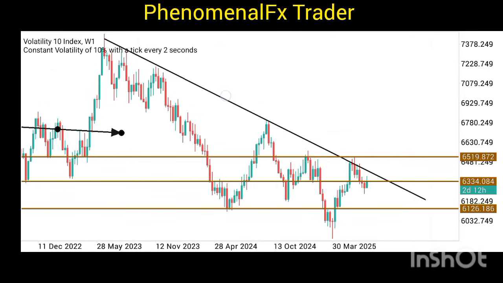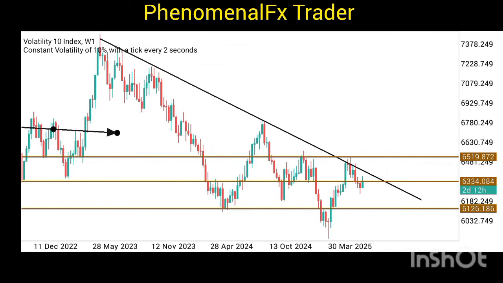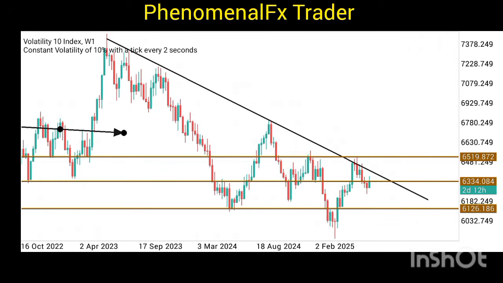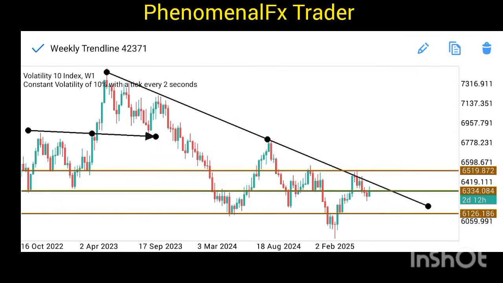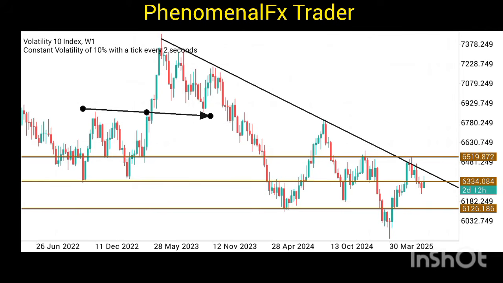I don't really need this trend line based on what I am looking at, although let me just leave it there. Now you can see that the market is giving us lower highs and lower lows. This is the lower low the market formed, then this is the lower high. Then we're expecting the market to do some massive sales to the downside.